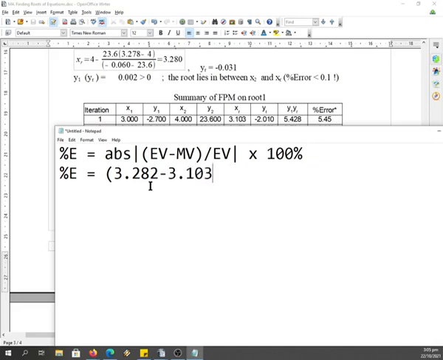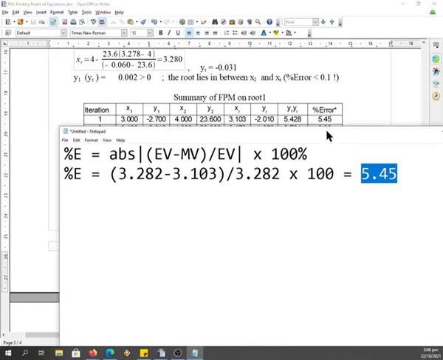Get the absolute value of that, then divide this by the expected value 3.282, then multiply that by 100. Now this should give us 5.45, or close enough to it. That is how you compute the percentage error.